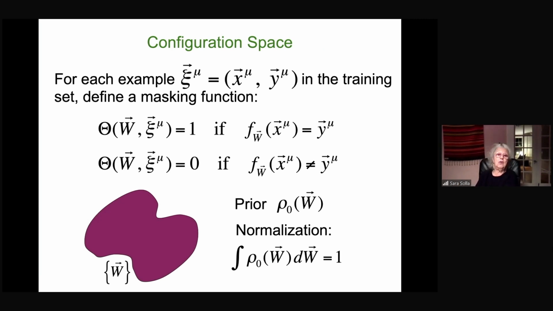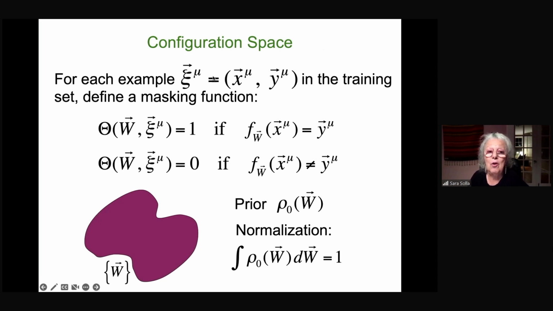So I could think of picking a network within this ensemble as making a hypothesis about what is the XY functionality in the real world. The real world is what produces examples, and is an oracle that sends me examples. So I have these examples x mu, y mu. That's my training set.